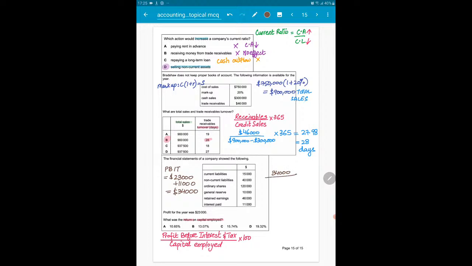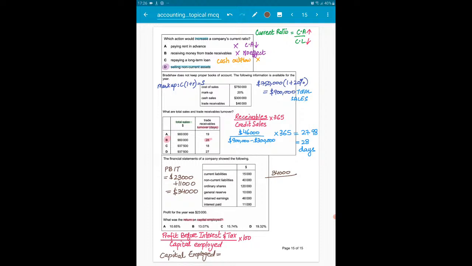What about the capital employed? There are different formulas to calculate capital employed, and given the information here, capital employed will be all the equity, like all the reserves and the issued share capital, plus the long-term liabilities, that is non-current liabilities.